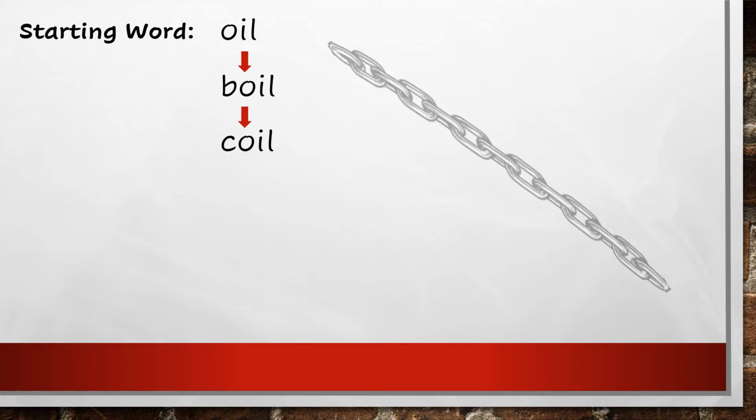After you have the word coil written correctly on your paper, go ahead and draw your next arrow. Now I want you to change the word coil to the word join. This chain has two changes, but the oi sound in the middle stays the same. Change coil to join. Go ahead and do that on your paper right now.